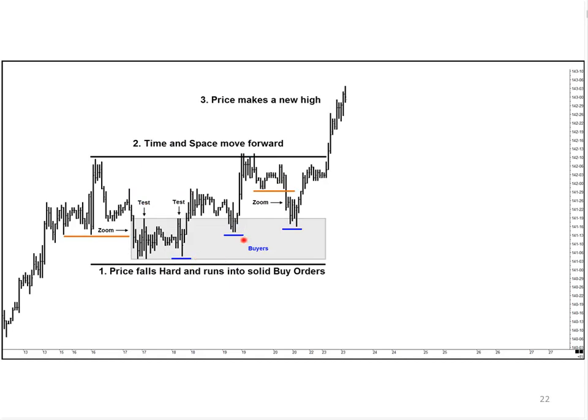It doesn't make it. The purpose of this swing is to take out this low. It fails. It doesn't do it. So we've got higher lows all the way up. We've got the higher highs. And finally, we break out, and we continue to stair-step higher. There's buyers in the market. Buyers, buyers, buyers. Now, nothing lasts forever.